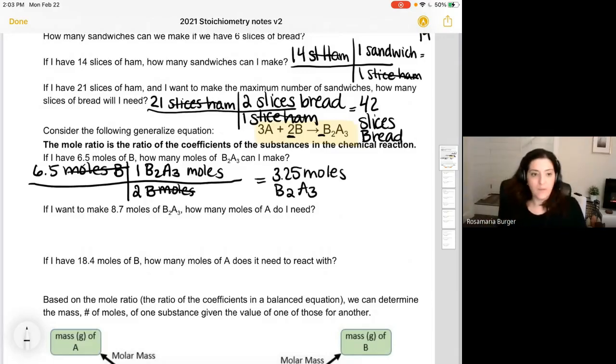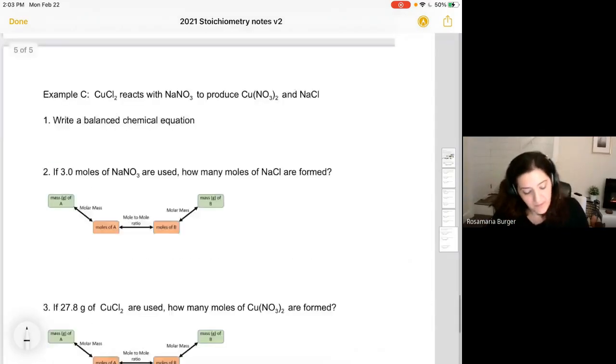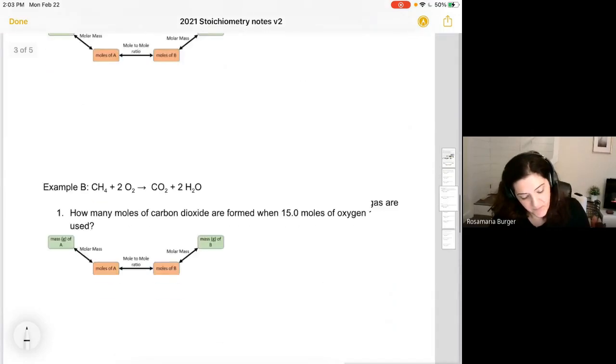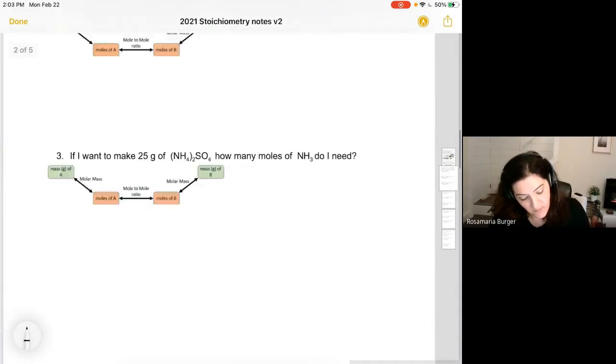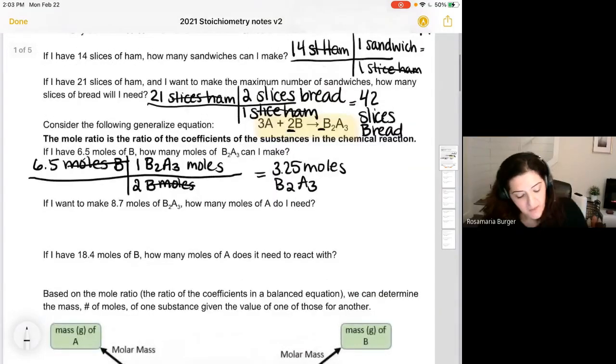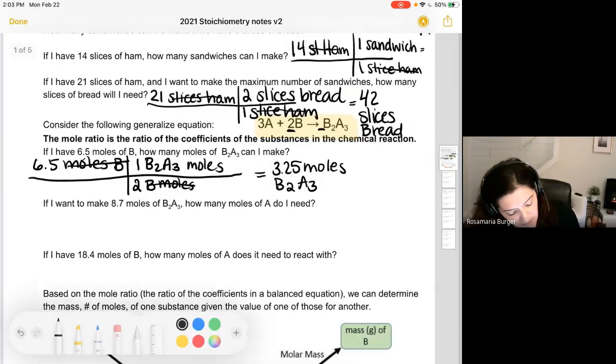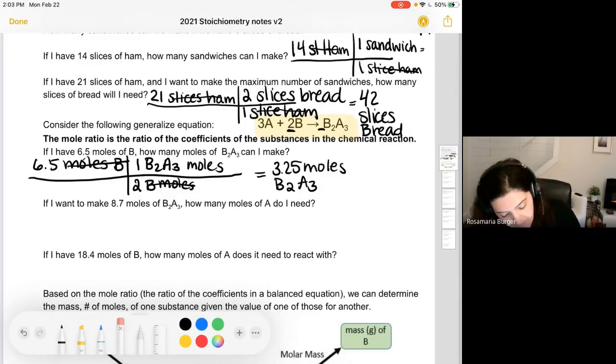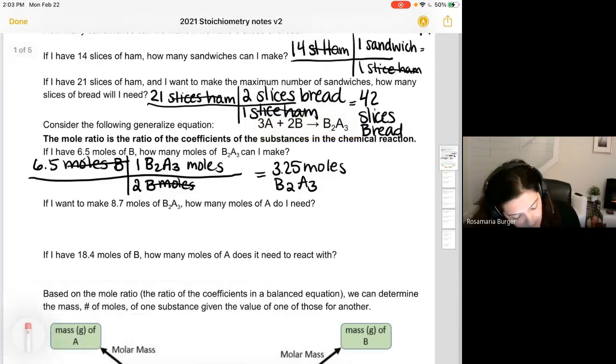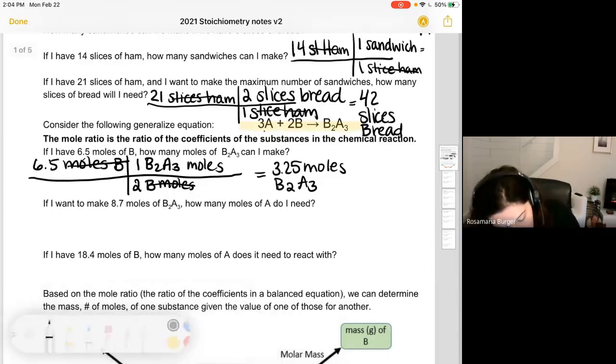Now, if I want to make, oops. Oh boy, I went way too far. If I want to make 8.7 moles of B2A3, how many moles of A do I need? Well, I know the relationship between B2A3 and A. I'm going to re-highlight that whole thing. It's a 3-to-1 ratio.